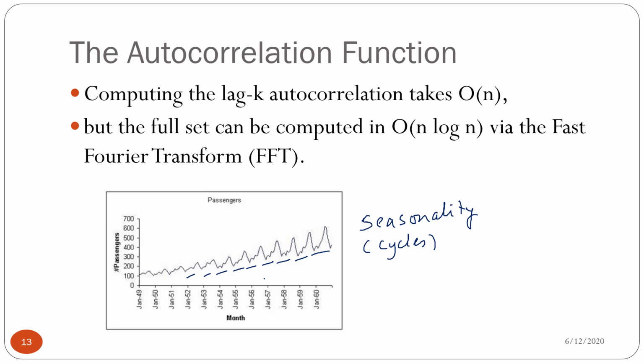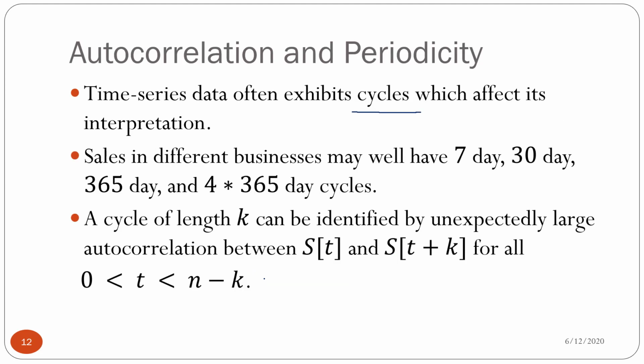Now from a data science point of view, we need to make predictions in the time series, and the prediction would be meaningful only when we take these seasonalities into account. So all these things are important, and related to that is this concept of autocorrelation. So what is this autocorrelation?